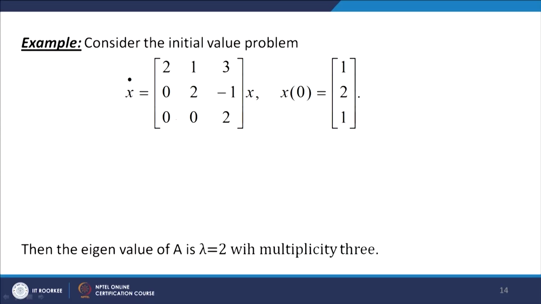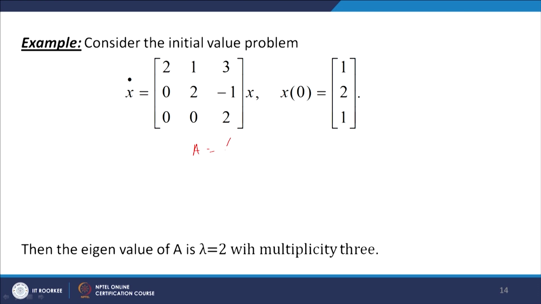Now, in the case of this initial value problem, x dot equal to the matrix (2 1 3; 0 2 -1; 0 0 2) x, with x 0 equal to (1, 2, 1), you can see that lambda equal to 2 is an eigenvalue of A with multiplicity 3.